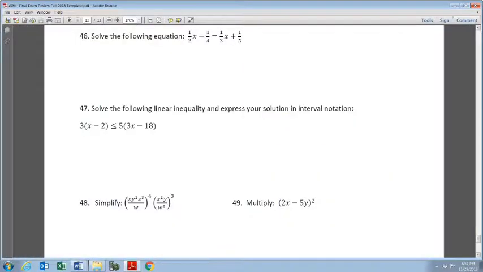Let's go ahead and move on to 46. So here we have a rational equation. We need to find a common denominator. So this one actually, it turns out that the hardest part about this problem is just finding the LCD here. I'm going to start with the biggest number, which is 5. I look at the multiples of 5 until I find one that's divisible by 2, 4, and 3.